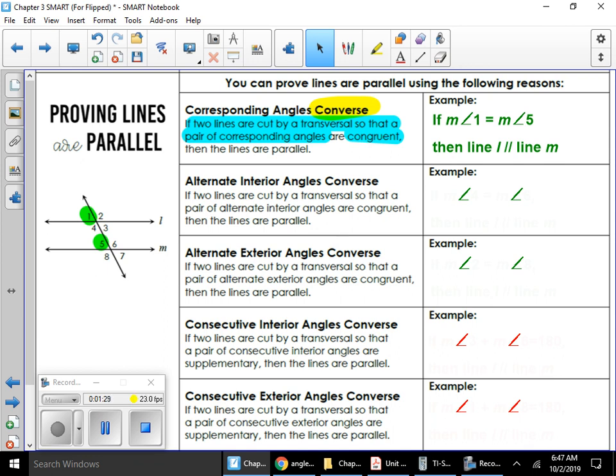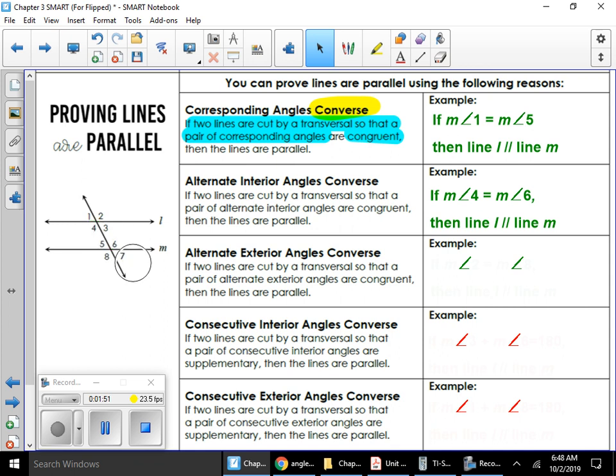Likewise, for alternate interior angles, say 4 and 6, if I know that those are congruent, in other words, if I know their angles have equal measure, then I also know the lines are parallel. That'll become the game that we play, is trying to find one of these relationships that holds.